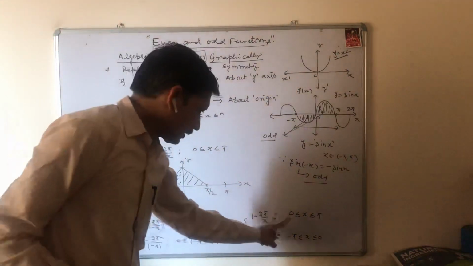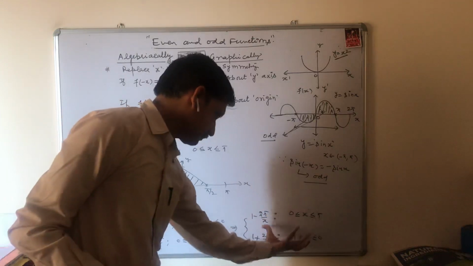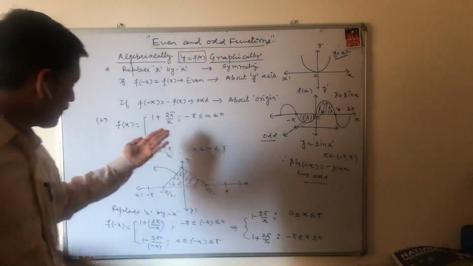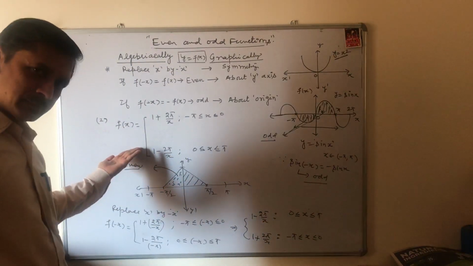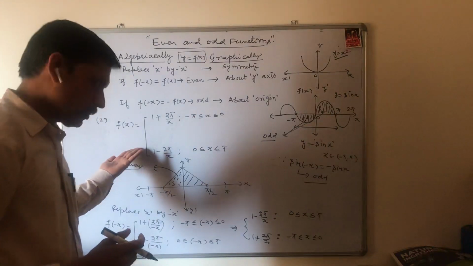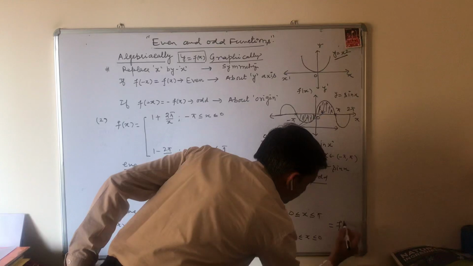Now, after replacing x by minus x, we will get this output. Now check whether this output is the same as the original one or there is a change. No, we found that the output is equal to its function value.